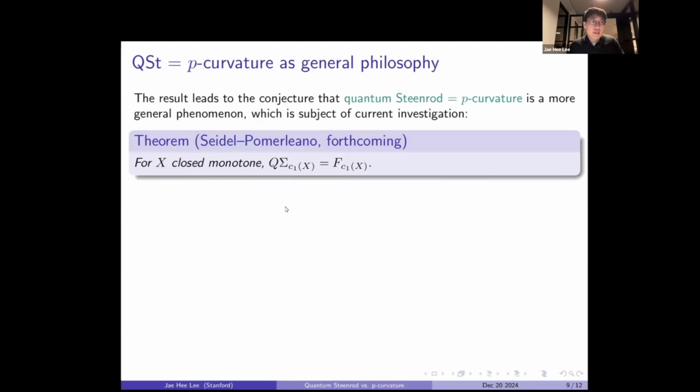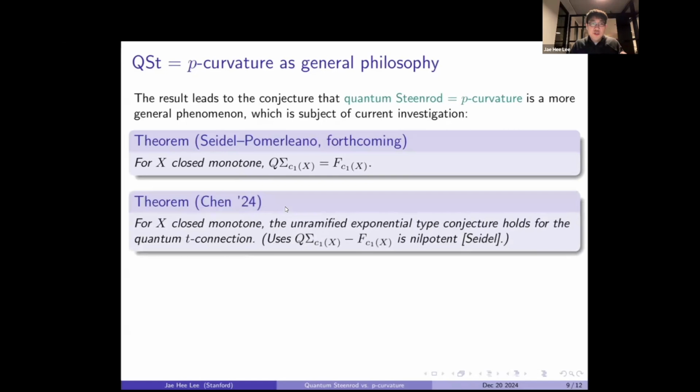So this conjecture is a subject of several ongoing works, and I would like to briefly survey what people are working on. So first of all, as Pomerleano announced in the Zoominar a couple of weeks ago, there's a forthcoming work of Seidel and Pomerleano that established this equivalence between the two operators for all closed monotone symplectic manifolds, in the case where your cohomology class is the class of the symplectic form, or the C1.